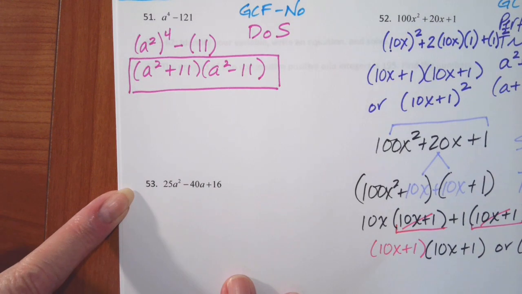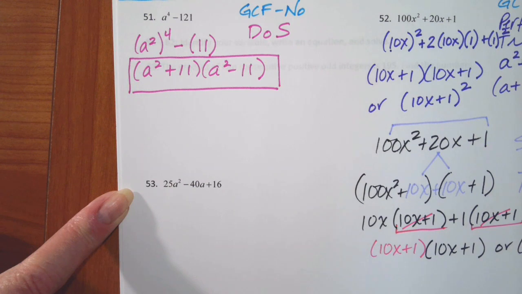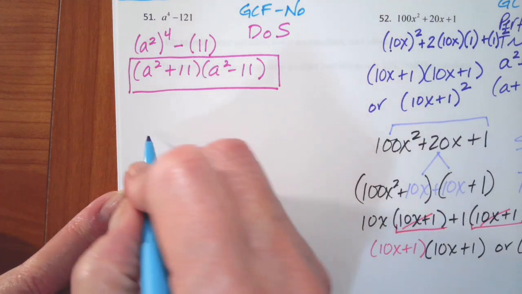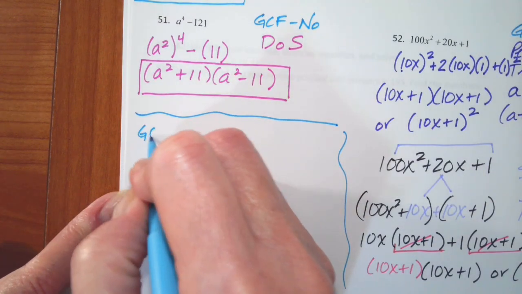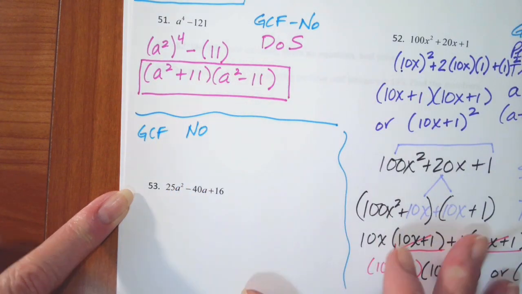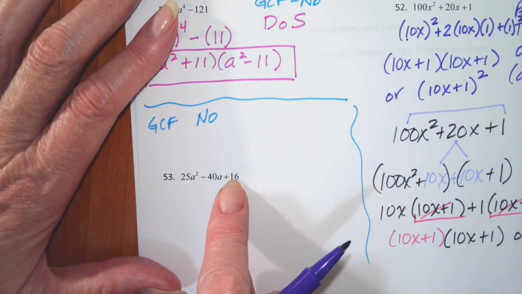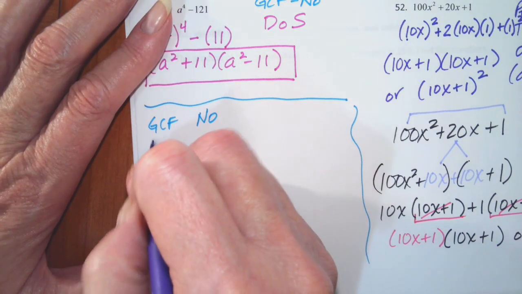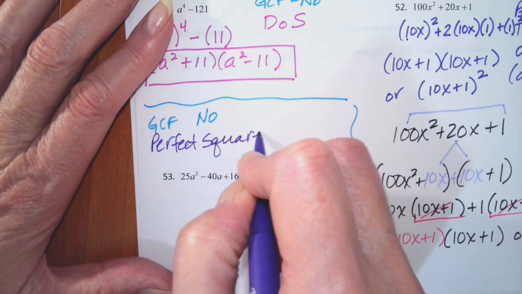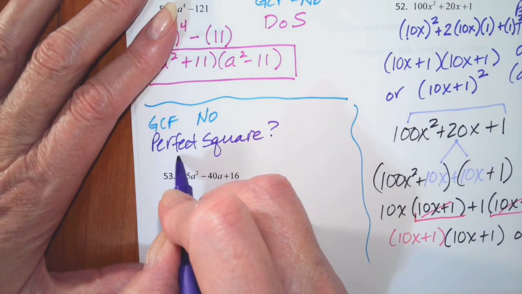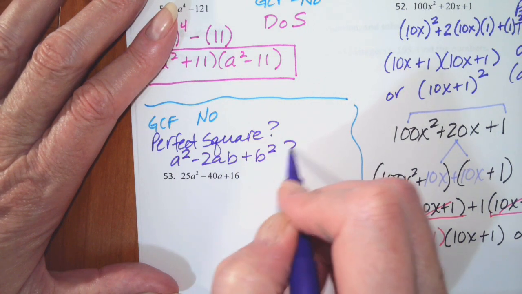Okay. Now I'm going to have to write smaller on this one. 25a squared minus 40a plus 16. All right, GCF. No. Okay, so I want to check to see if it's a perfect square, because 25 is a perfect square, 16 is a perfect square. So is it a squared minus 2ab plus b squared?